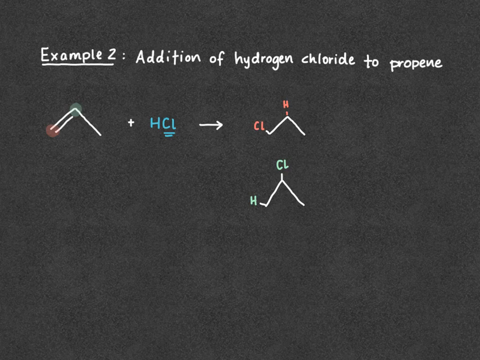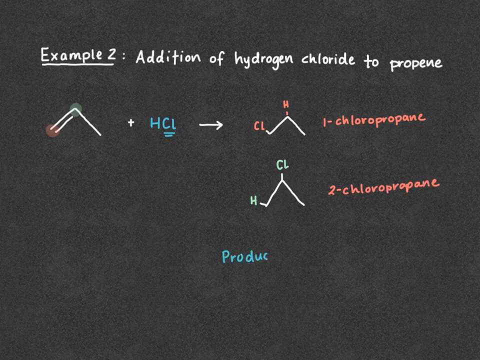So in the first case, I'm going to get 1-chloropropane, and in the second, I will get 2-chloropropane. So the products are isomers, but they are different. We'll get into this more in a later video, but just note that it is possible to form different products with addition reactions.